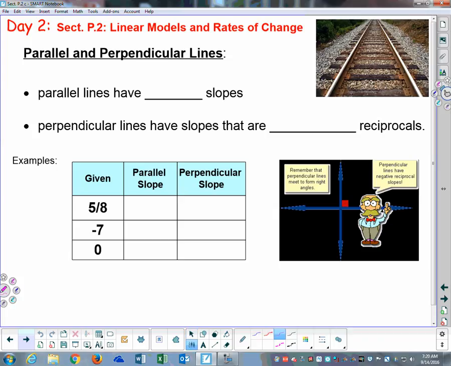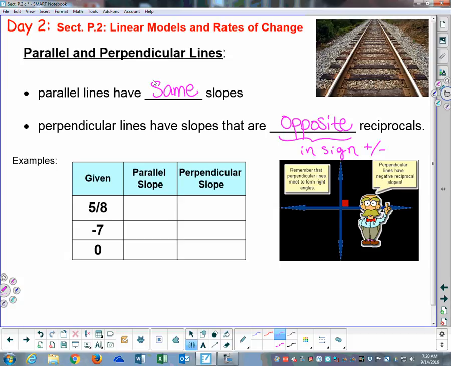If you recall, parallel lines have the same slope, and perpendicular lines are lines that have slopes that are opposite reciprocals. So opposite in their sign, meaning positive or negative.